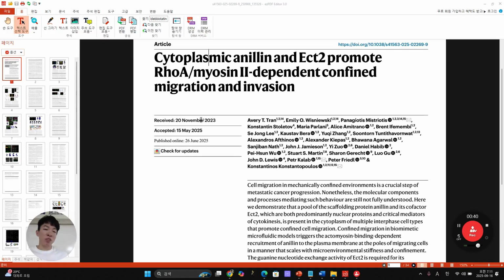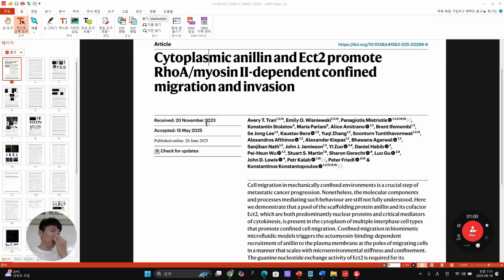If you publish in a good journal, it takes a long time. You should remember that. One thing is that if you see some unpublished data at a conference, that data will be published like 1 or 2 years later, and they already started the experiment 1 or 2 years before.